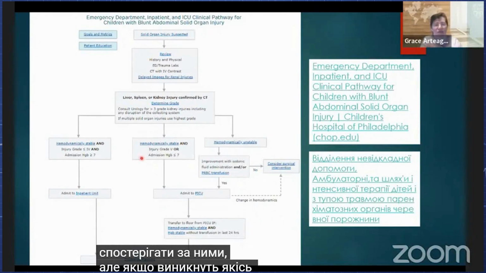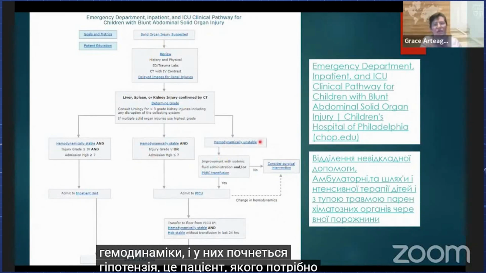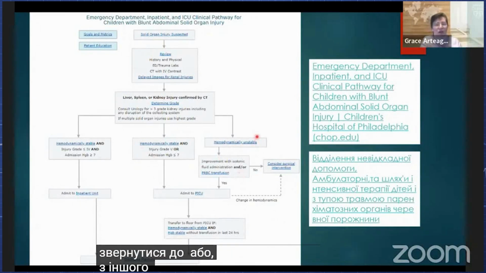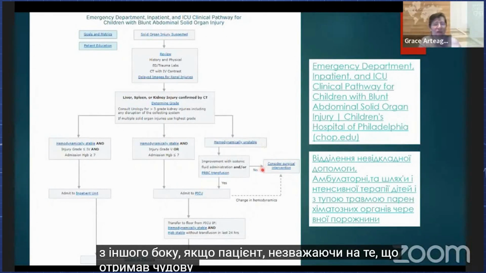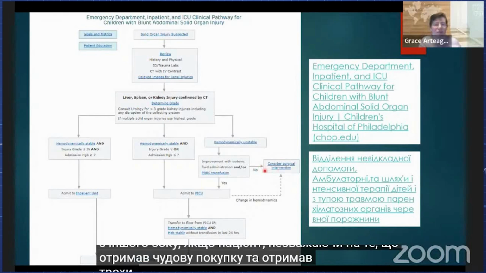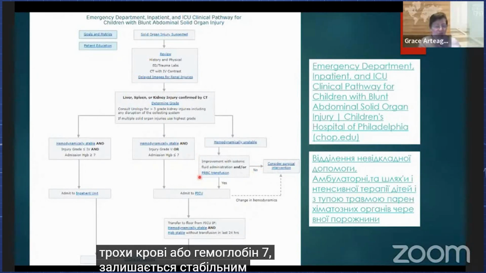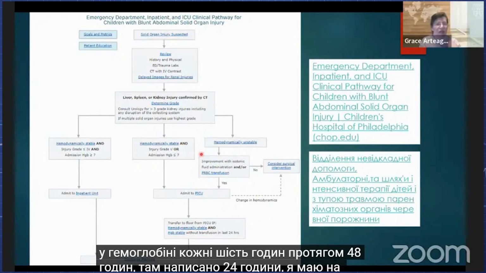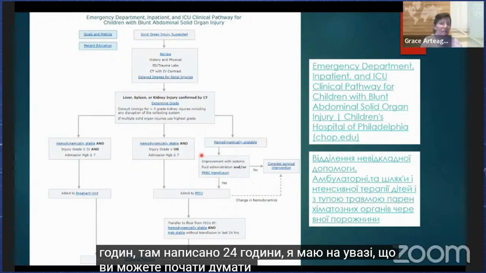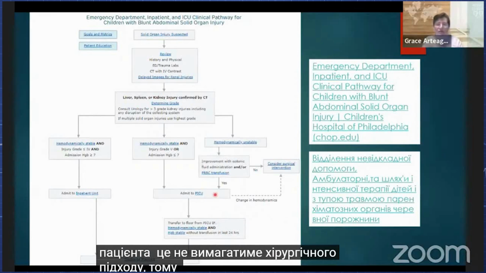But if there is any question about the hemodynamics and they start getting hypotensive, that's a patient that needs to go to the OR. On the other hand, if the patient, despite having a grade 5 injury and having received some blood for a hemoglobin of 7, remains stable in the hemoglobins every 6 hours for 48 hours, in there it says 24 hours, you can actually start thinking about a patient that will not require a surgical approach.